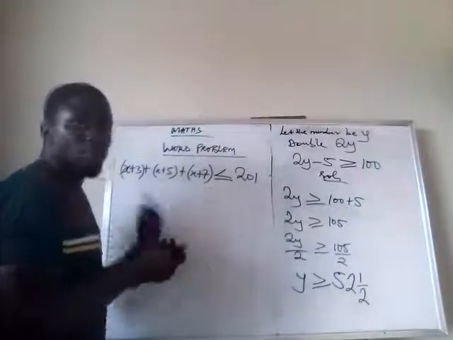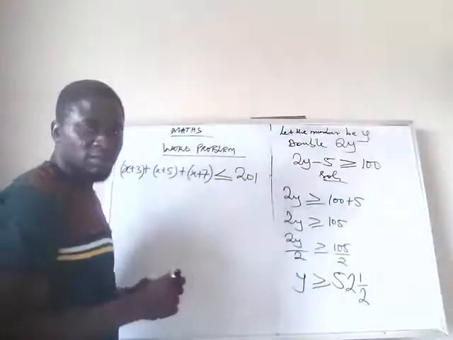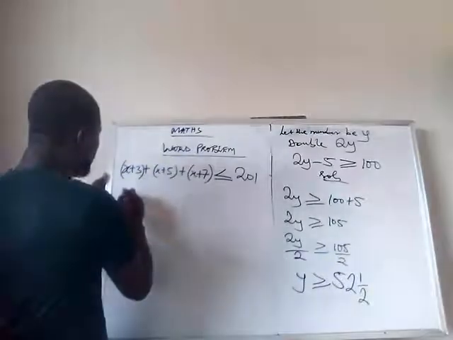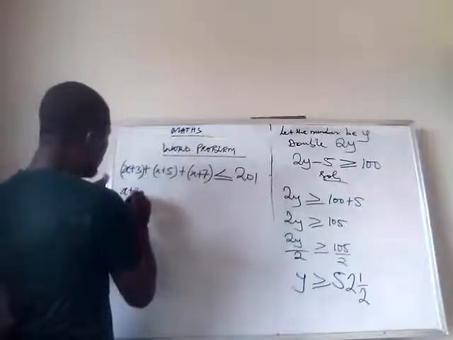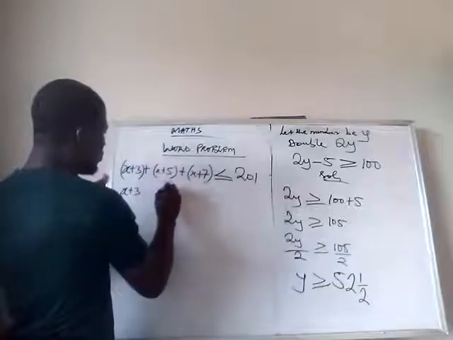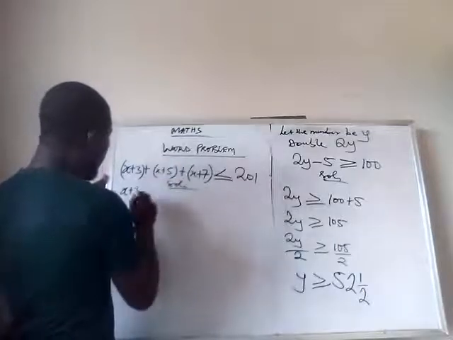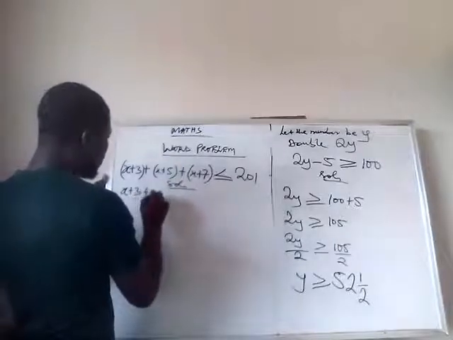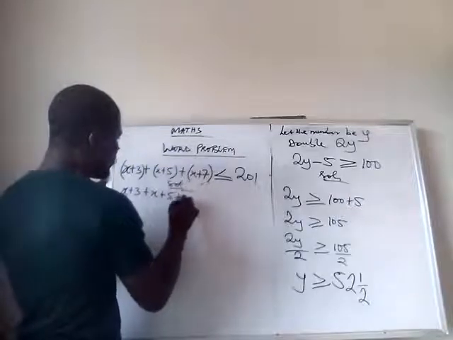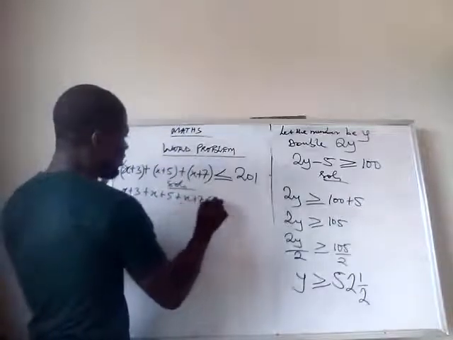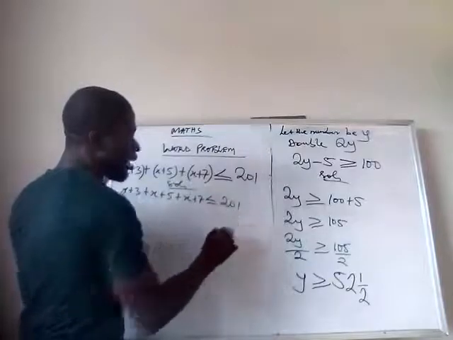So we open up the bracket and collect like terms. x plus 3 plus x plus 5 plus x plus 7 is less than or equal to 201.